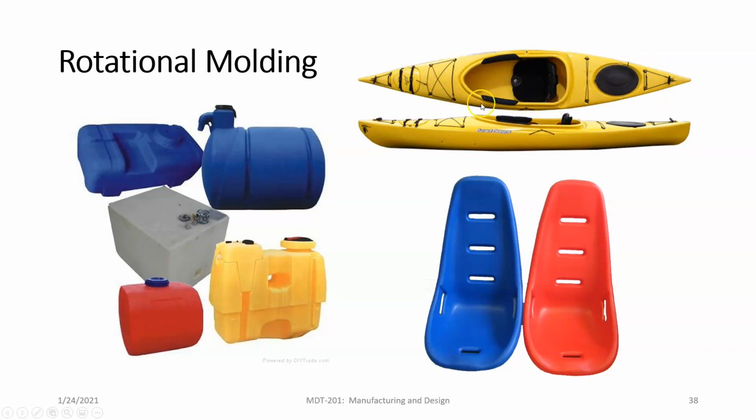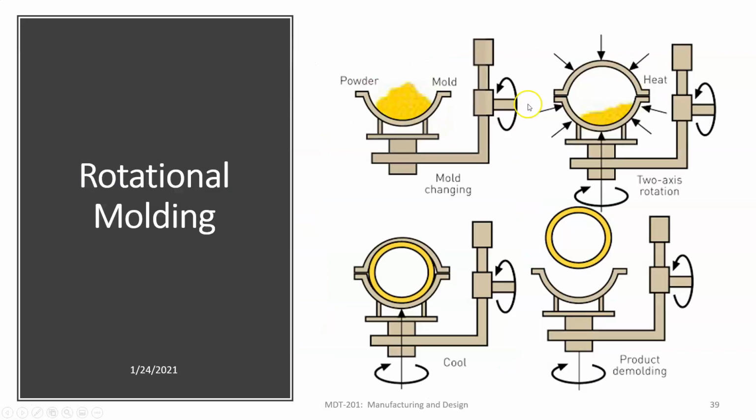You've got a rotational mold for the body, maybe even for the seat, or it could be a hard plastic seat, which would be injection molding. Then this neoprene rubber cover right here is probably done with thermoforming. So a lot of different operations going on in here.